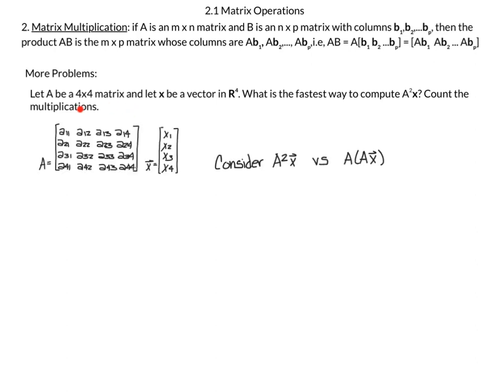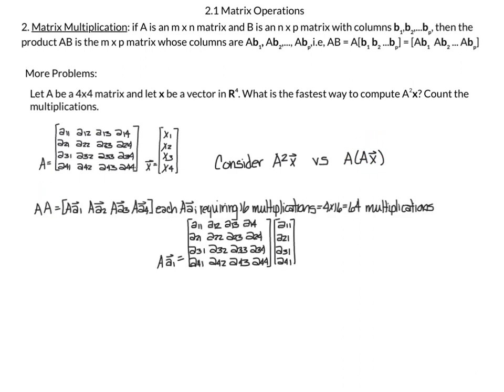It helps me to see visually what A looks like. So I just wrote a 4x4 matrix, putting in the variables A11, A12, A13, A14, etc. for A. And X, I wrote as X1, X2, X3, X4. I'm going to consider A squared times X versus A times AX.